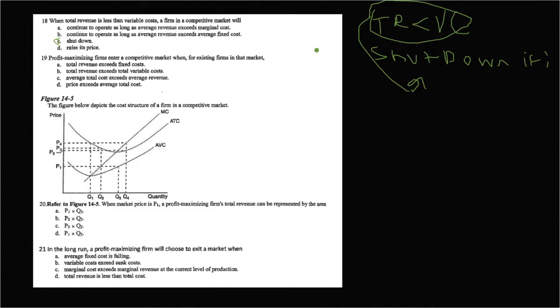Okay. Number 19. Profit maximizing firms enter a competitive market when... In competitive markets, you have free entry. So they will see that they can make a profit by entering, because total revenue would be greater than their costs.